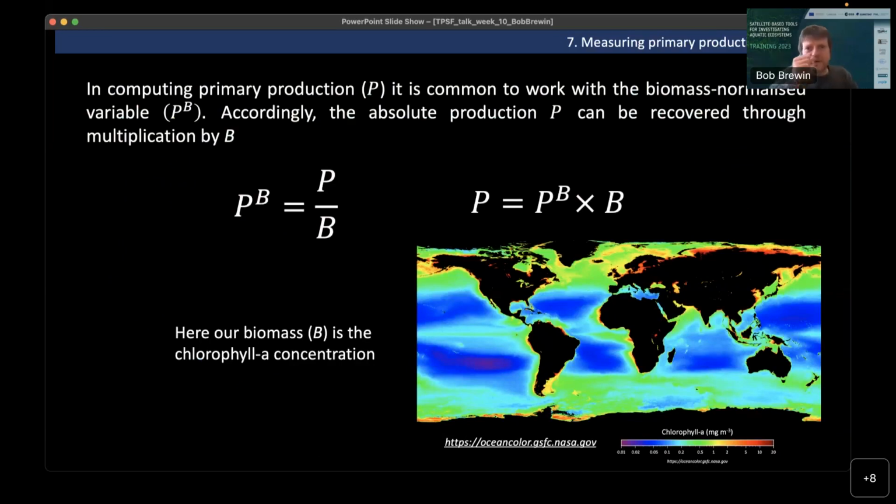Okay, so there are many different types of models for primary production from space, and I'm going to stick with a very simple one for the last part of this lecture.